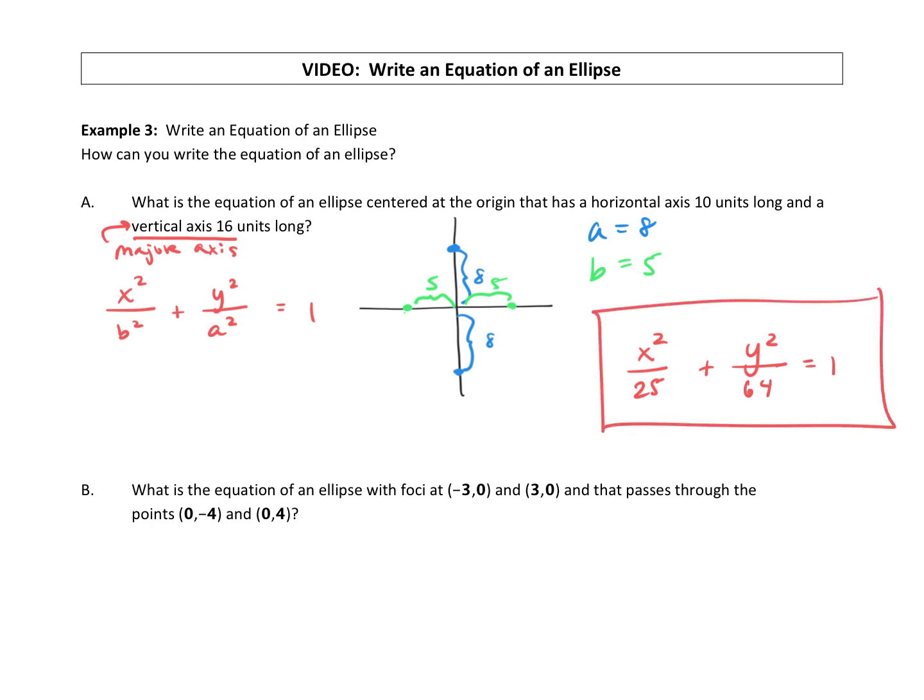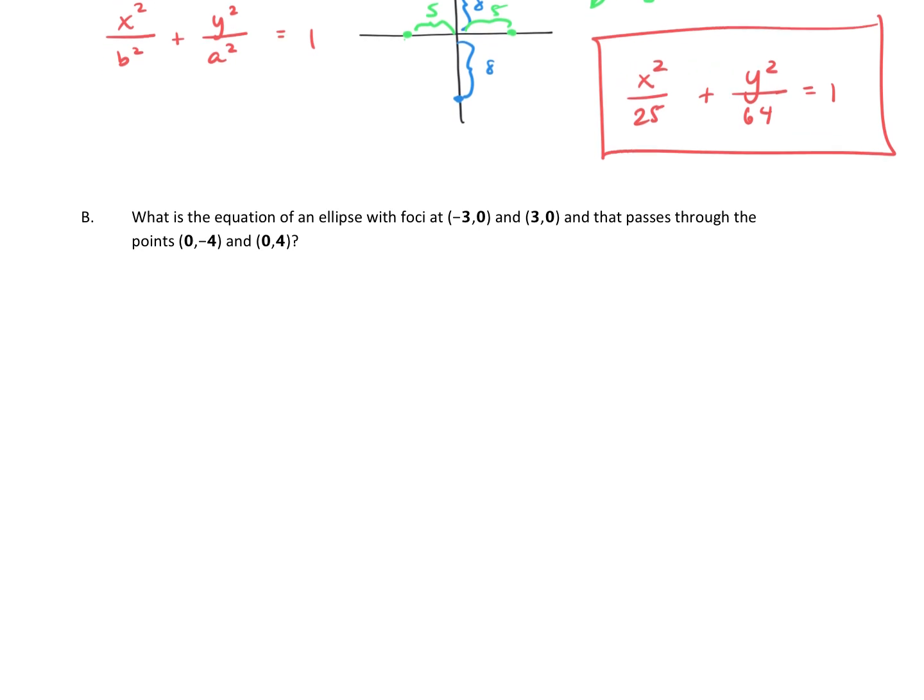Okay. Part B, what is the equation of an ellipse with foci at (-3, 0) and (3, 0) that passes through the points (0, -4) and (0, 4)? So let's sketch the information we're given. We have the foci at (3, 0) and (-3, 0).